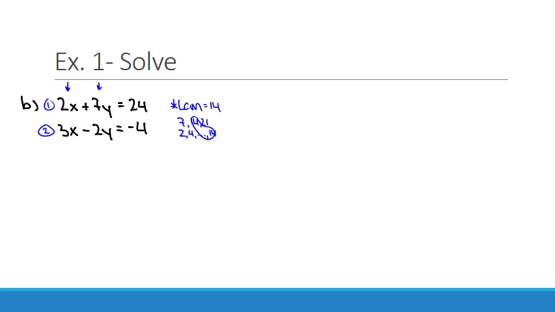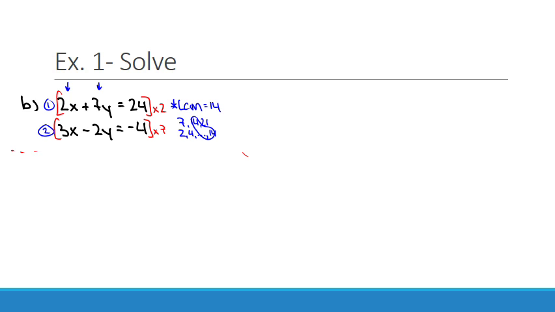So I want to turn both those y terms into 14, one of them being positive, one of them being negative, however, so they eliminate. And then what I do now is I just multiply each equation by whatever it takes to make 14. So like in this one, I'll have to multiply by 2 because 7 times 2 equals 14. In the second one, I got to multiply by 7 because 2 times 7 equals 14.